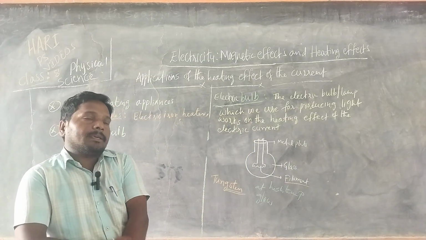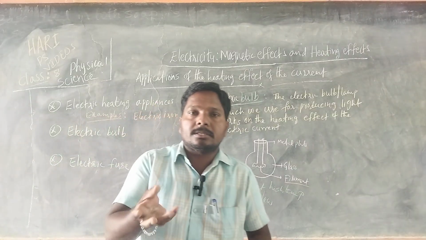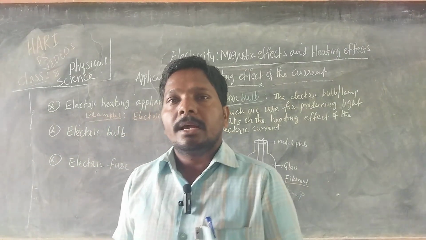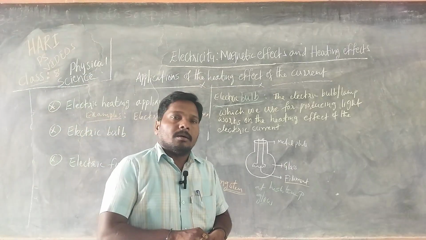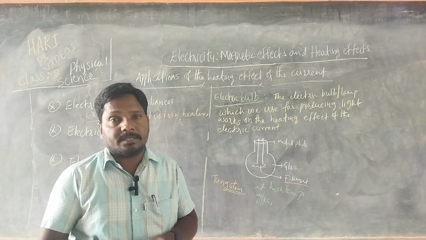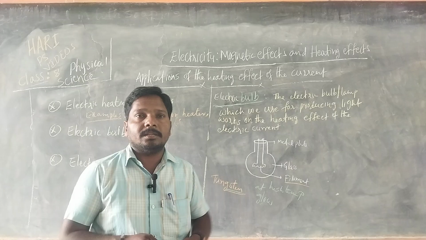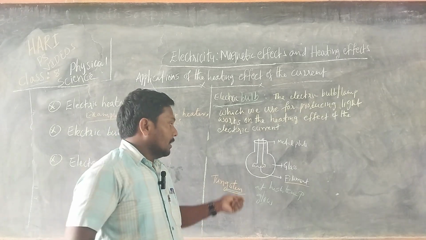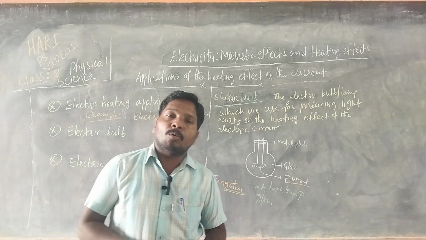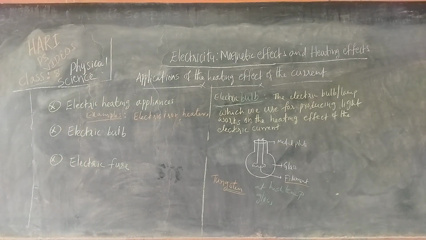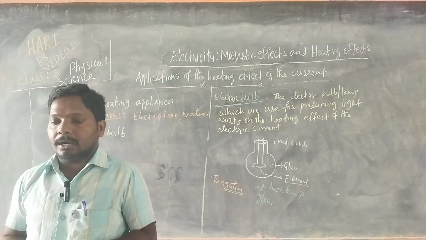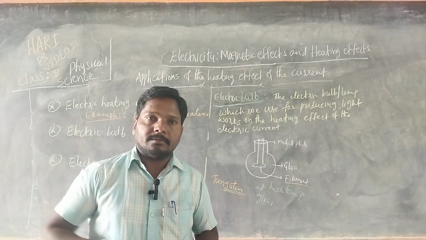In this way the electric bulb gives us light. Here mostly heat energy is wasted. Most of the heat energy is wasted, and it also consumes more electrical energy. Actually, the filament of the bulb becomes white hot and emits light.